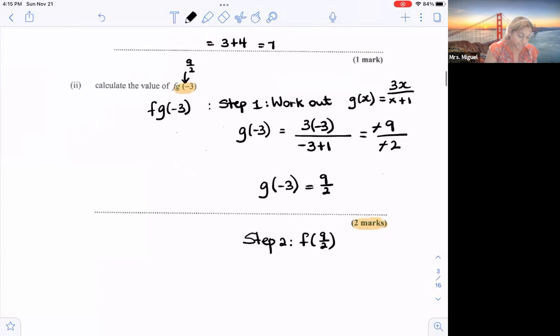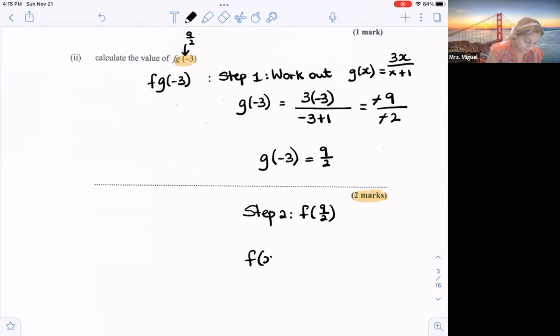And the f function is equal to 1/3 x plus 4. So f of 9 over 2. Take a minute and replace x with 9 over 2. So go ahead. The question is worth 2 marks, so you have to do 2 sets of working.